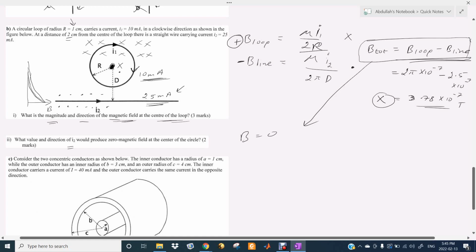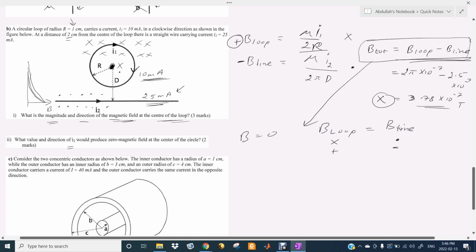So therefore, for B to be 0, you need your B loop, which is going into the page, the positive direction that you took, to be equal to the B line of current, which is directed out of the page and which you defined as the negative.